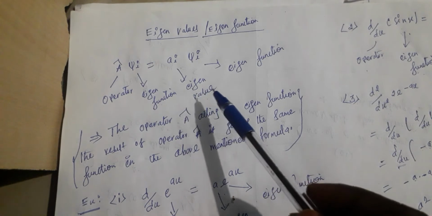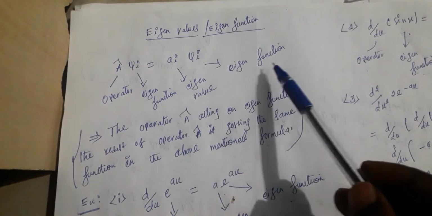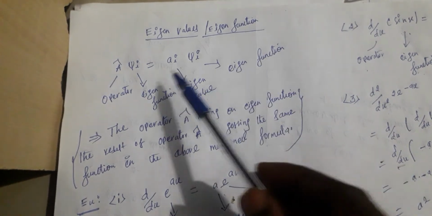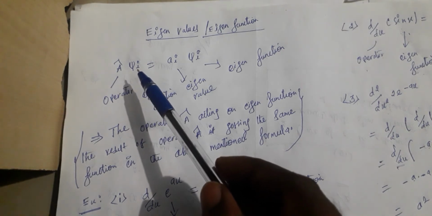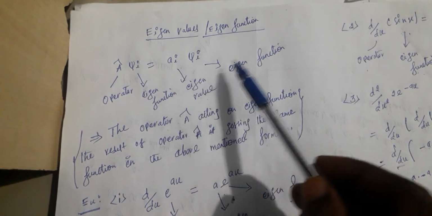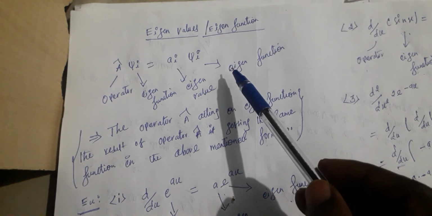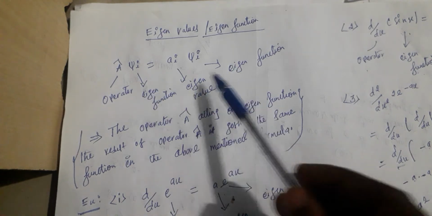The result is the eigenvalue, and along with the value, the eigenfunction is also produced. After we see some examples, you can understand the concept.